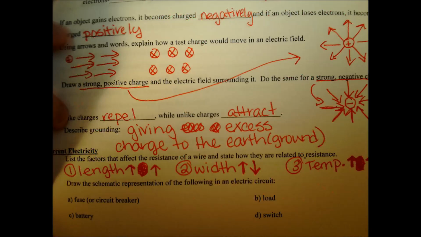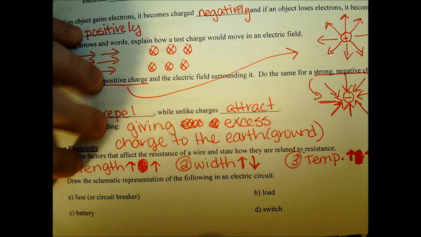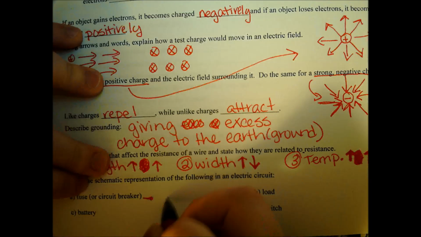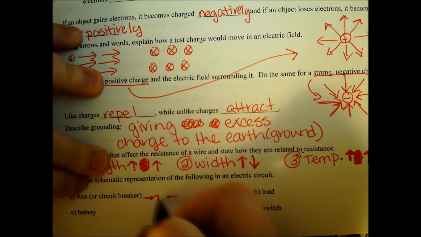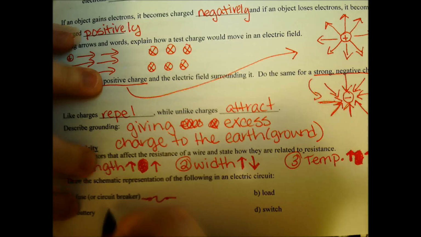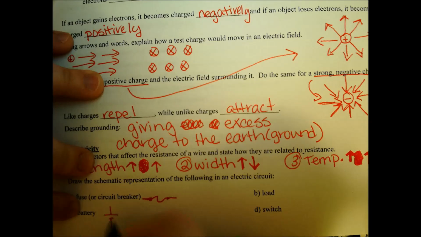Alright, now we're going to move down here to these circuit diagrams. A fuse or circuit breaker will look like this. It'll be a squiggle. That's showing that it can be opened. A battery will be a series of lines like that.